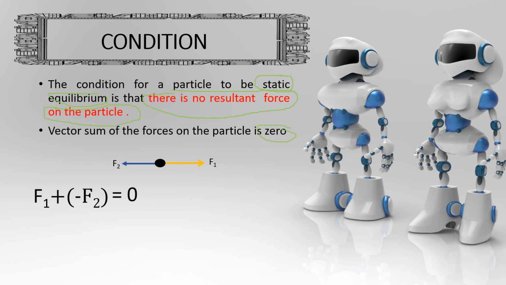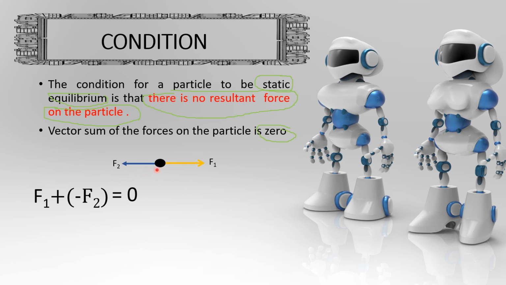So if I have a particle here, which is exerted by two forces, F1 and F2, then if I look at the vector sum of the forces, F1 is in the positive x direction, so it's plus F1.